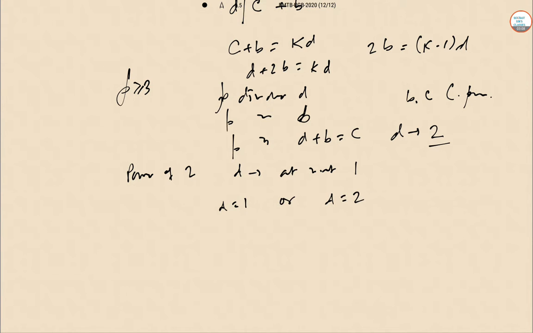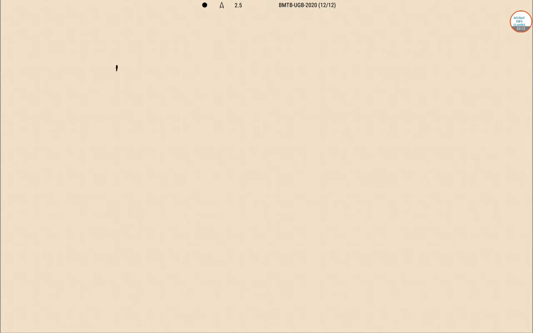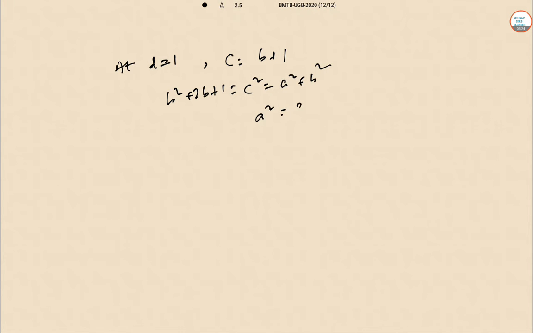Now at d equal to 1, c equal to b plus 1, so b square plus 2b plus 1 equal to c square equal to a square plus b square. So a square equal to 2b plus 1. It follows that a is odd, so a equal to 2k plus 1.